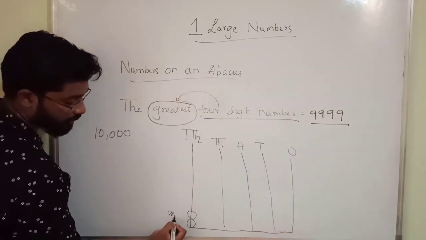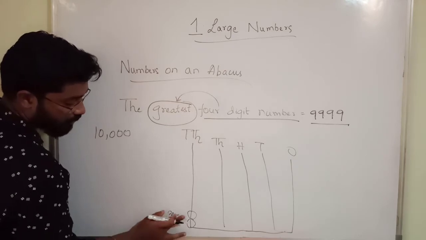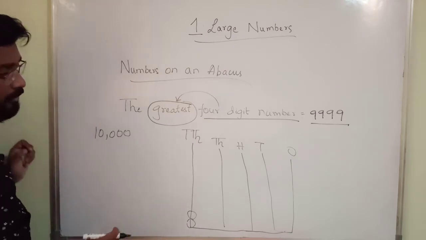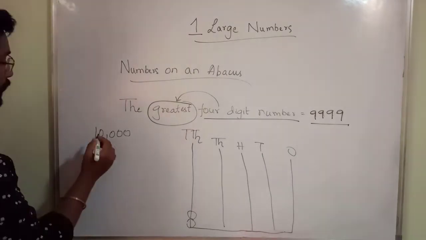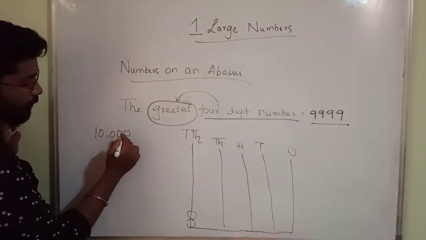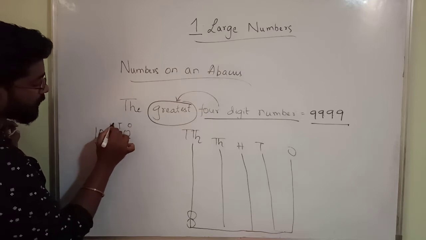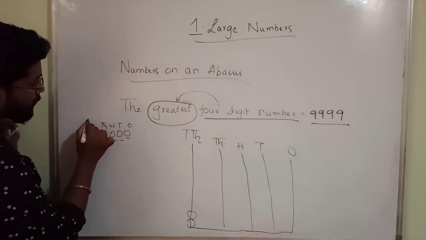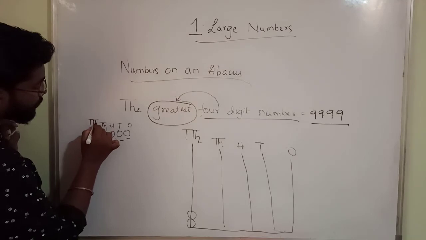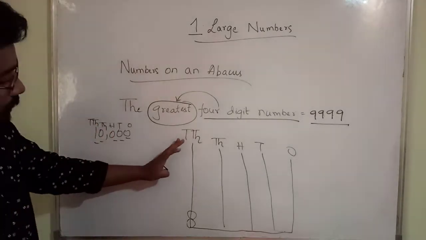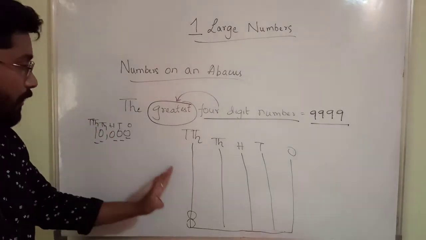This will become 20,000. See this number also: ones place, tens place, hundreds place, thousands place, this is 10,000s place. That's why we have inserted these beads in 10,000s.